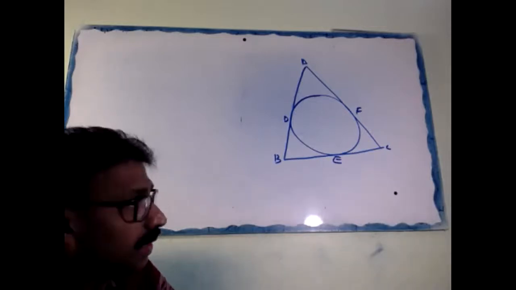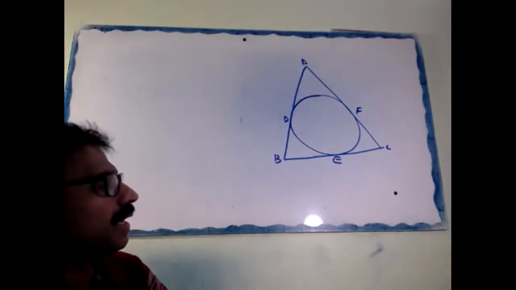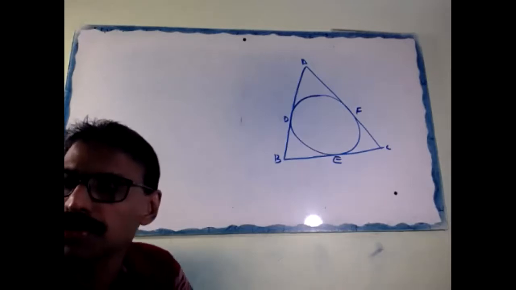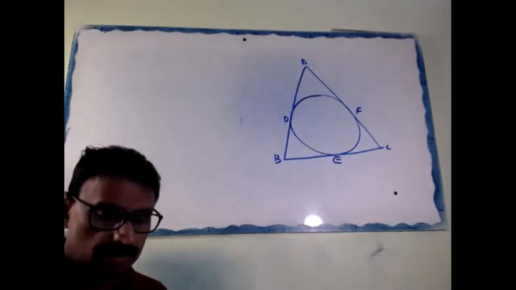Figure understood? Question clear? In figure, AB equal to AC. Show that BE equal to CE. Okay, try now.